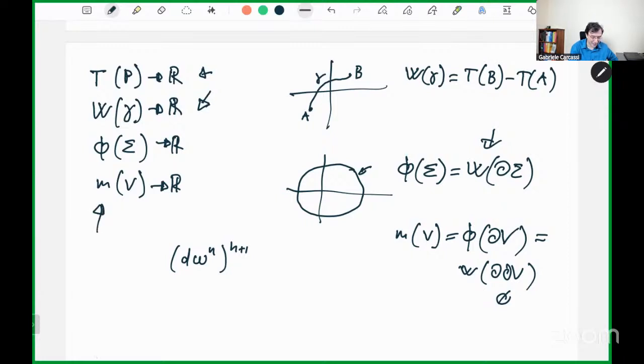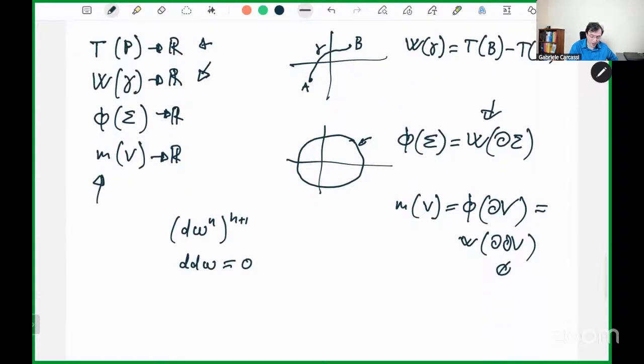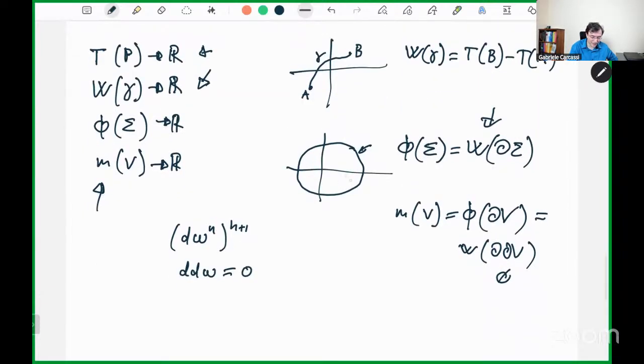And of course, it is a result in differential topology that if you take the exterior derivative twice, you get the zero form. And this is why. Because if I start with a surface and take the boundary, a line, and now I want to take the boundary of the boundary, so the boundary of this line, well, the initial point is the same as the final point. There is no boundary.